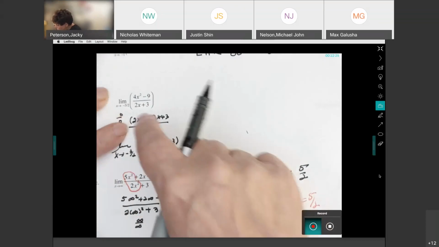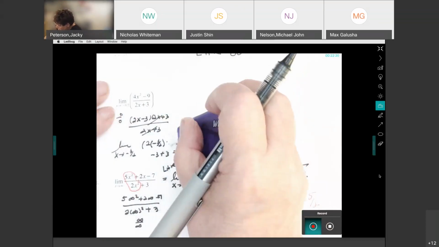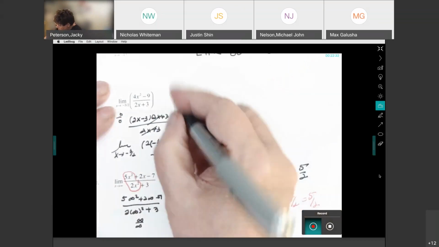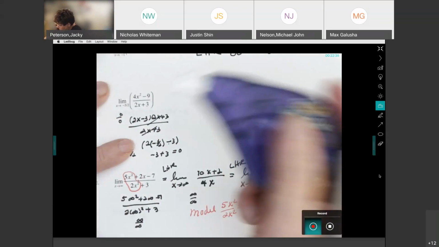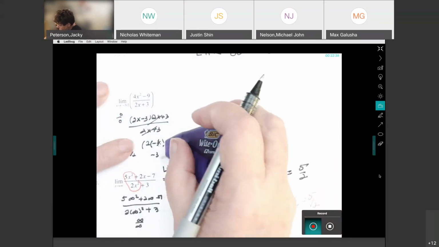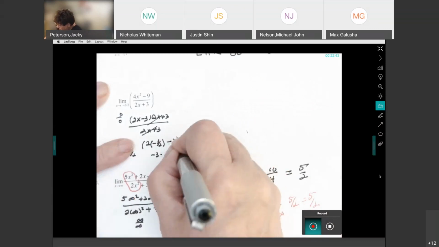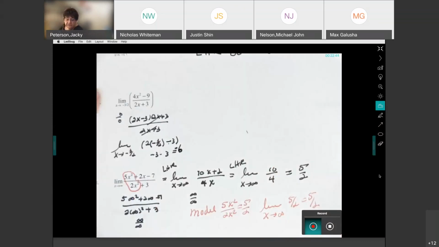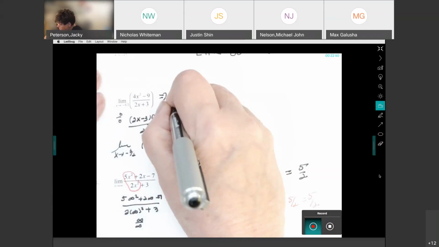Oh, the plus 3's went. The answer is negative 6. Now here I could use L'Hopital's rule because it's a 0 over 0 form.